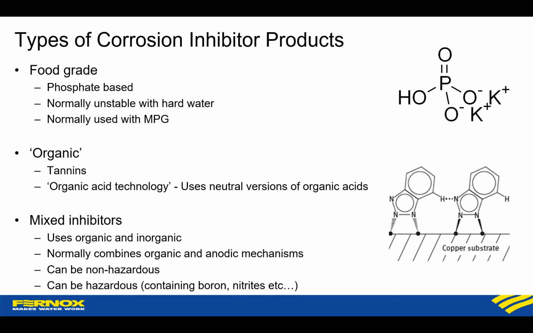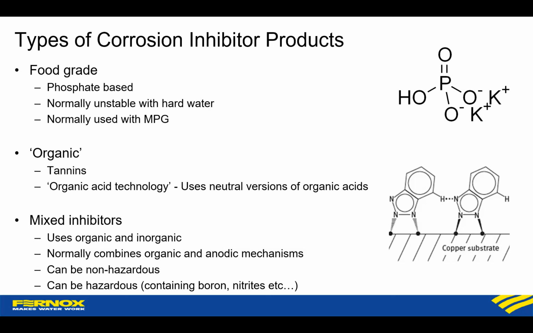They're very simple inhibitors and can have some issues with performance. The main issue we find is that we try to formulate our product to have stability in all waters. So however hard it is, our products will be stable. They won't form a precipitate, which might settle to the bottom of pipework and low flow areas.